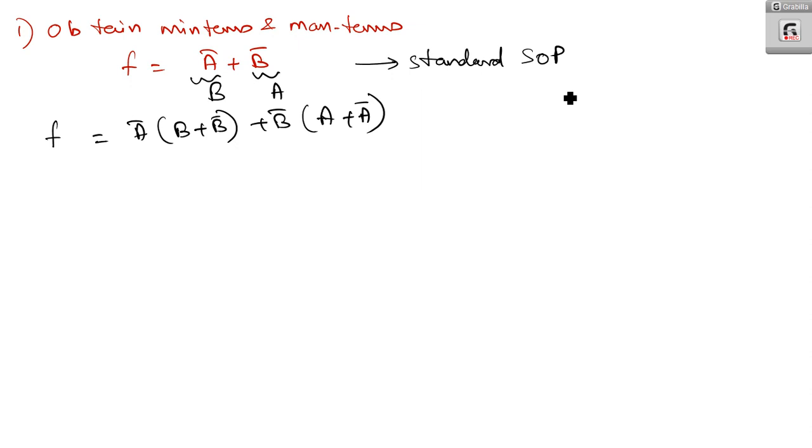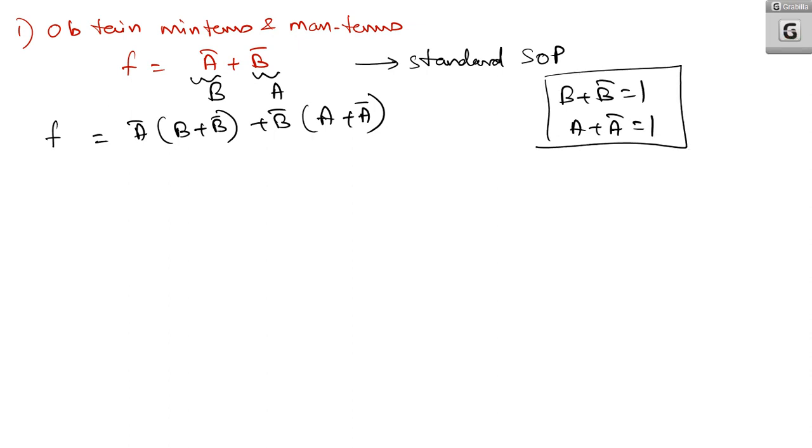Since b or b bar is equal to 1, and a or a bar is equal to 1. That is the basic Boolean law. B or b bar is equal to 1 and a or a bar is equal to 1.